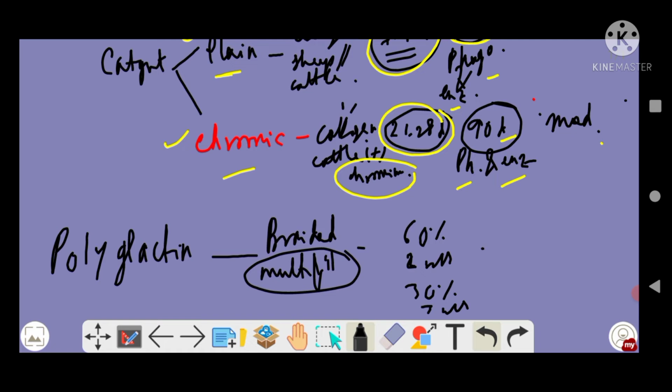If I talk about absorption rate, it is almost 60 to 90 days, and the process involved in absorption is hydrolysis, with mild tissue reaction.